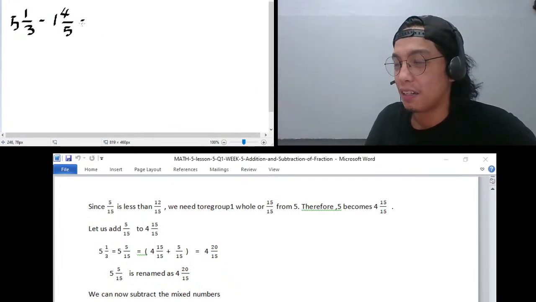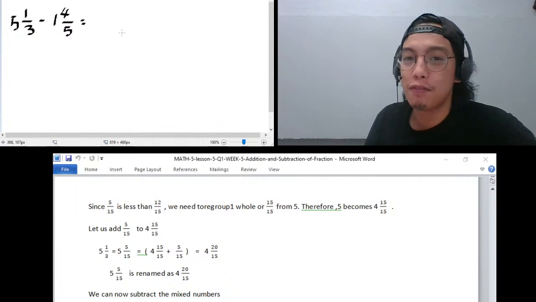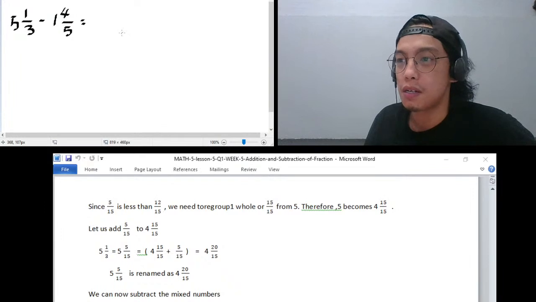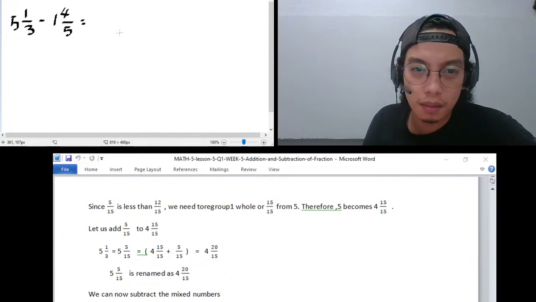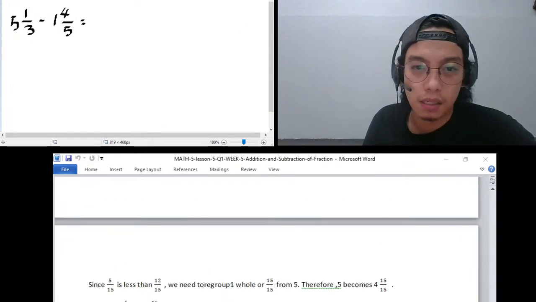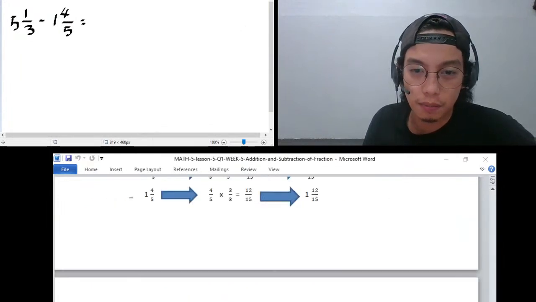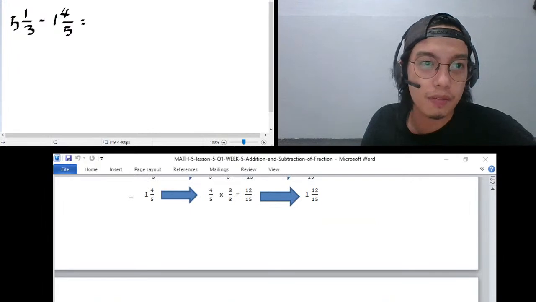Okay. First, 5 minus ilang kibuhat is, I'm trying to understand the kind of solution that they have.